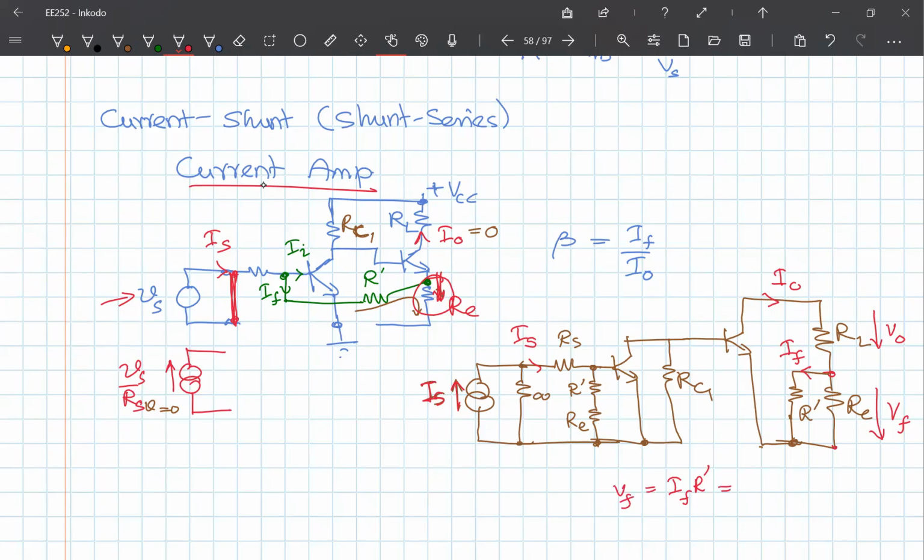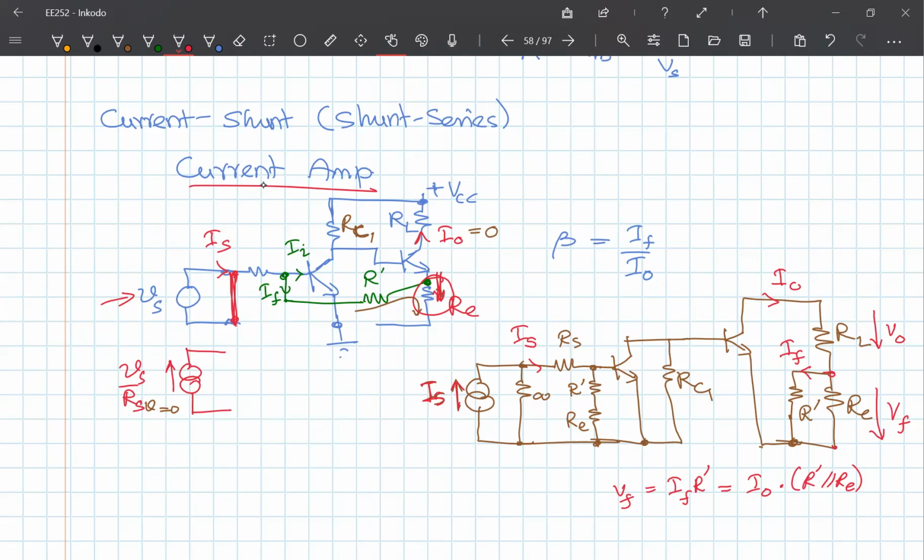is equal to the total current, I can mark it as I out times R dash parallel RE. Okay, so this is the total voltage across the parallel combination of these two, which will be equivalent to VF, right?